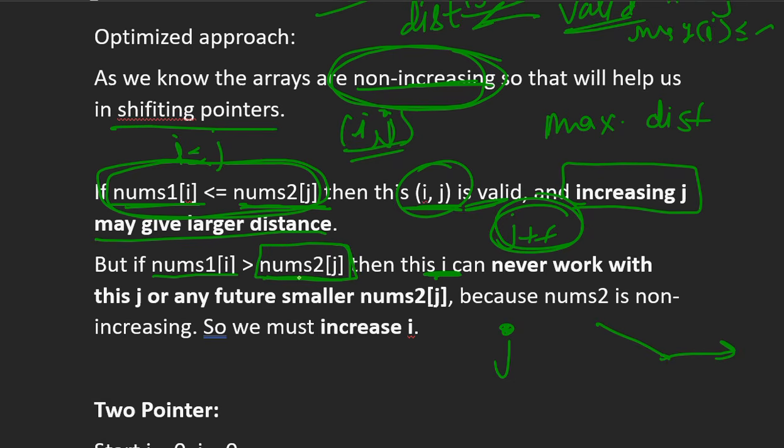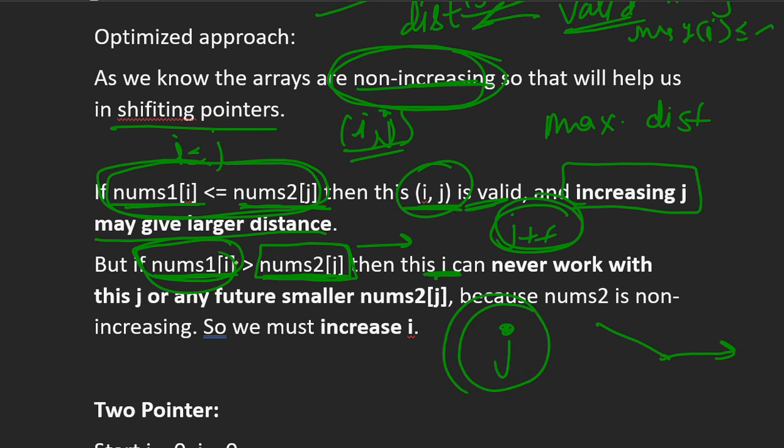Even if nums2 of j is smaller than nums1 of i, the elements after nums2 of j will also be smaller than this. So there is no point of increasing j.